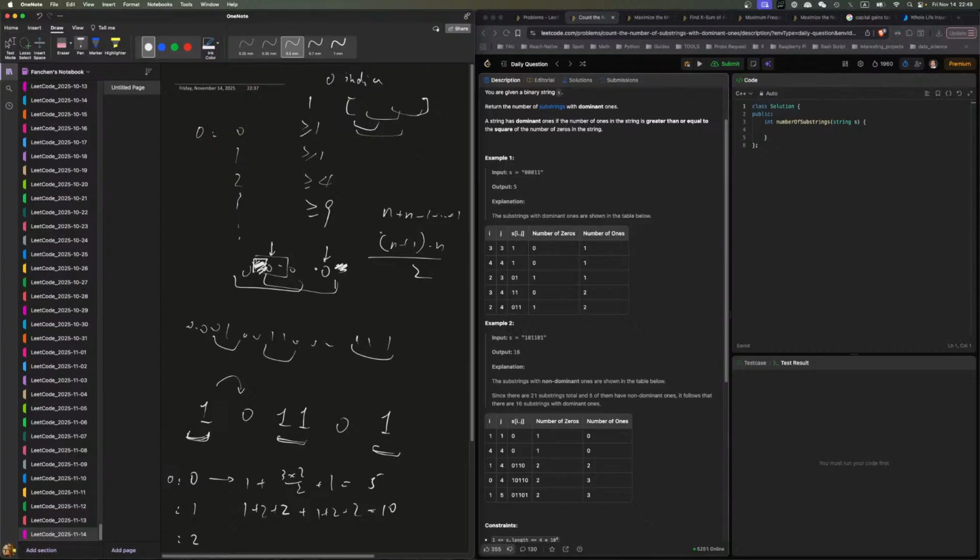If there is not a lot of ones, there's a lot of zeros, then we will terminate. So I count the number of ones, right? I'll count the number of ones, and we will stop. The number of ones has to be larger than the square of the number of zeros. So once we hit a number of zeros not too large, okay.